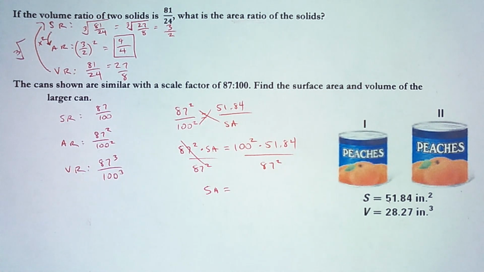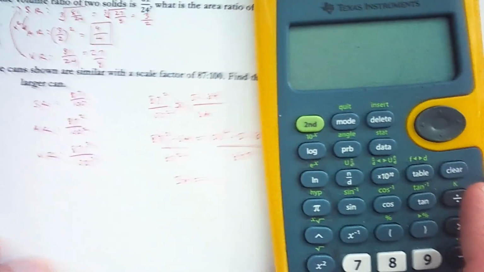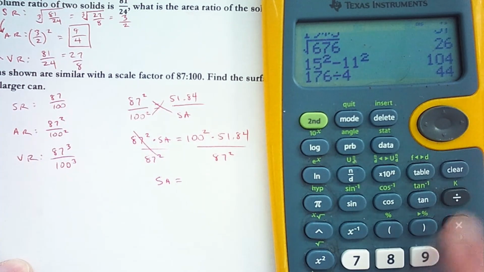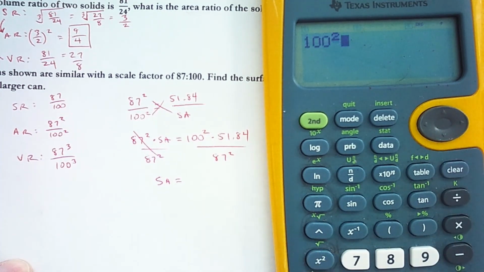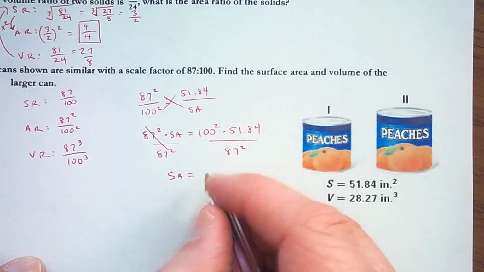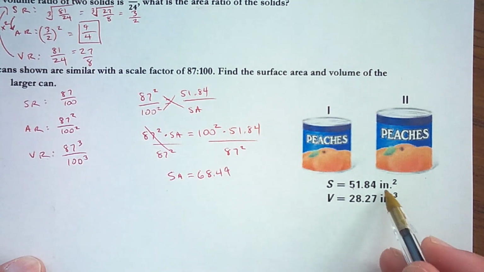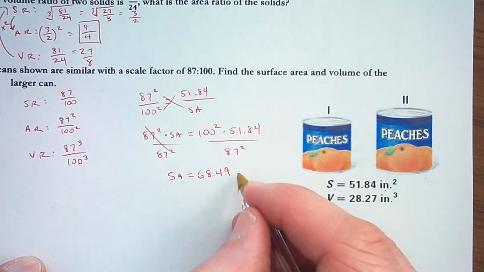Now I'm just going to use the calculator to do it all at once. So we have 100 squared times 51.84 divided by 87 squared. And that is 68.49. So the surface area of the larger can is 68.49 inches squared.